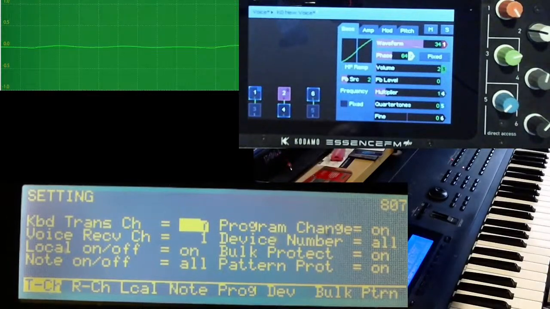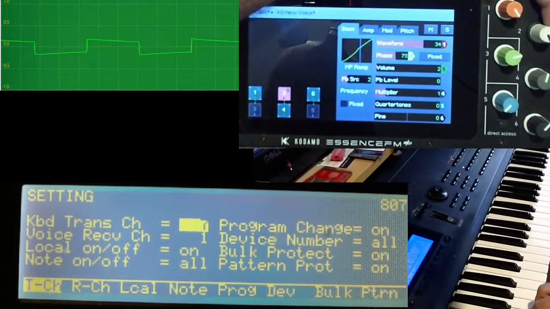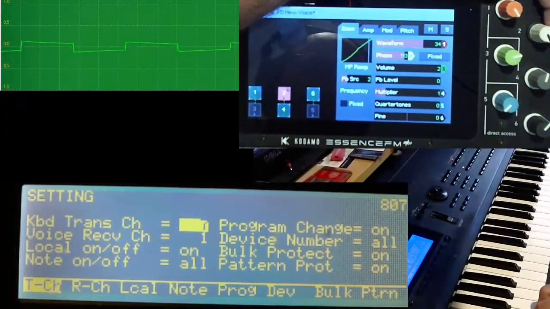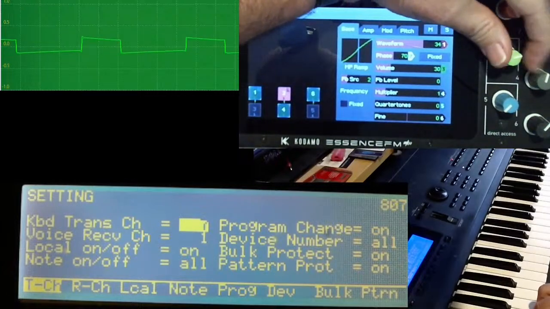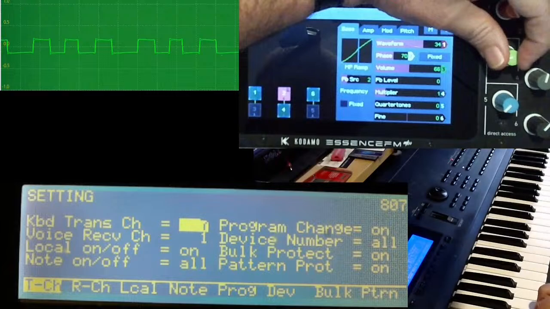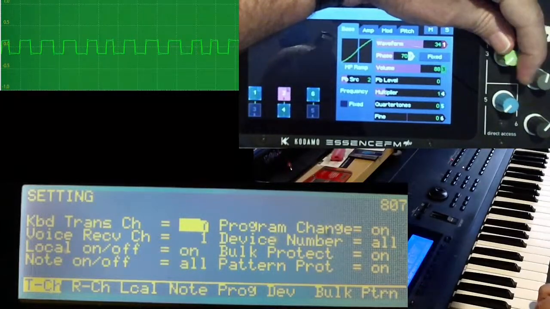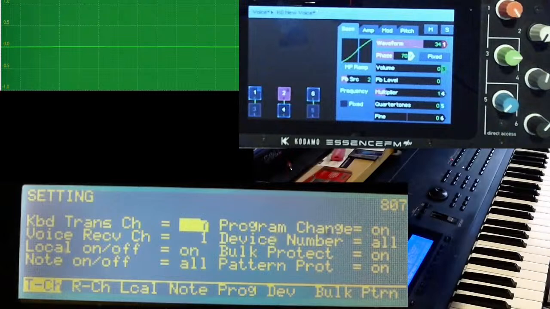Sorry, let me play this so you can actually see the screen. So you hear what's going on there?